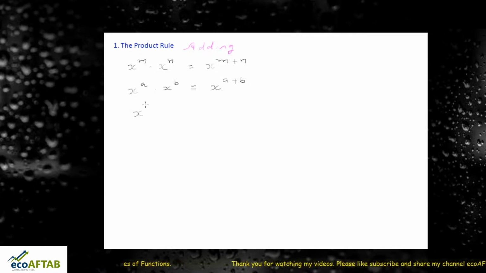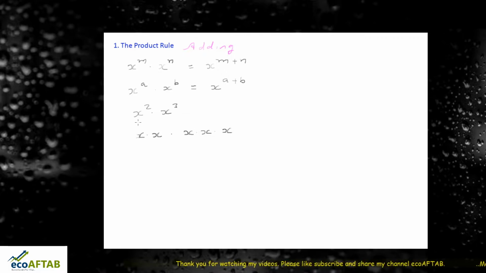With a simple example, if I say x raised to 2 multiplied by x raised to 3, normally if you want to solve it, it will be x into x multiplied by x into x into x.